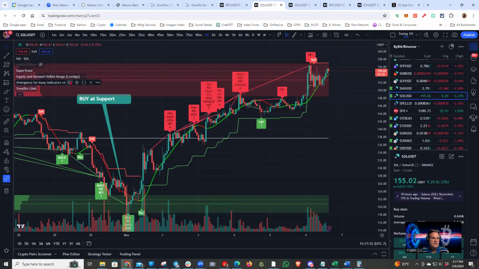Another option, this is a little more advanced, is to add divergence. And then when you have divergence confirmed, which is a disagreement between indicators and price action, and you're, like in this scenario, we've got bearish divergence on this OBV indicator.